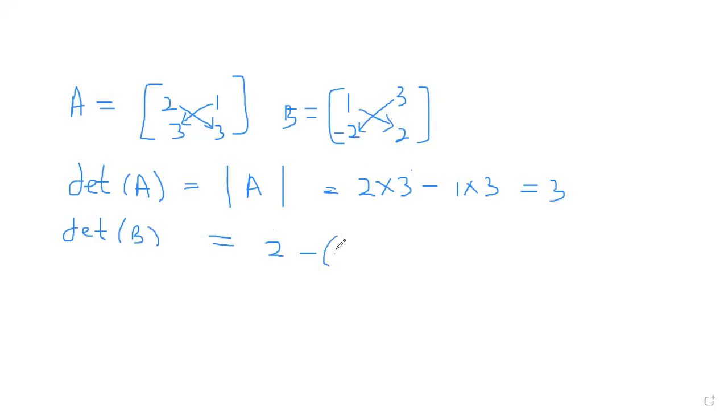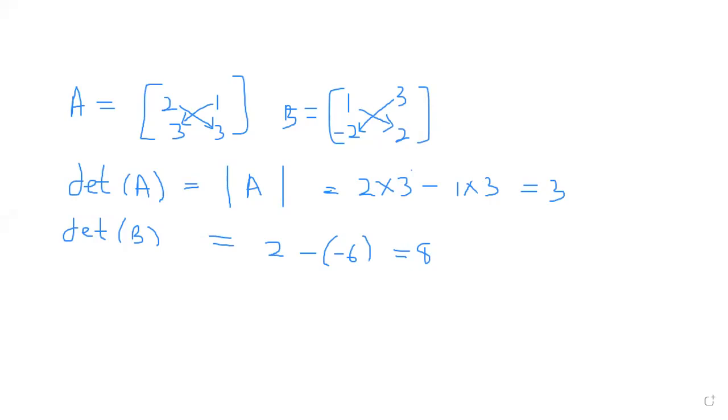So minus negative 6. So that will be 2 plus 6, which should give us positive 8 for the determinant of matrix B. Okay, so that does it for the determinant of a 2 by 2 matrix.